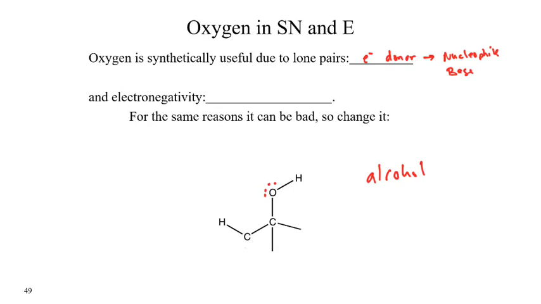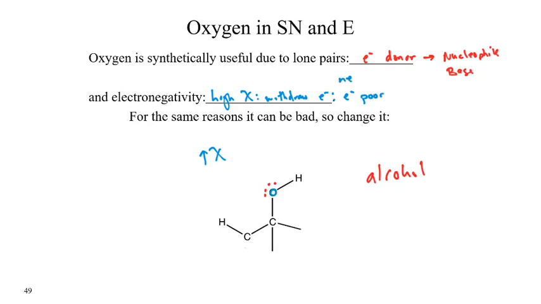Okay, well, the other reason why our oxygen is special is that oxygen is the second most electronegative element. So it's got a very high electronegativity. So with that high electronegativity, what is it doing to the atoms nearby? Well, it starts to withdraw electrons from those atoms. So those atoms become electron poor.